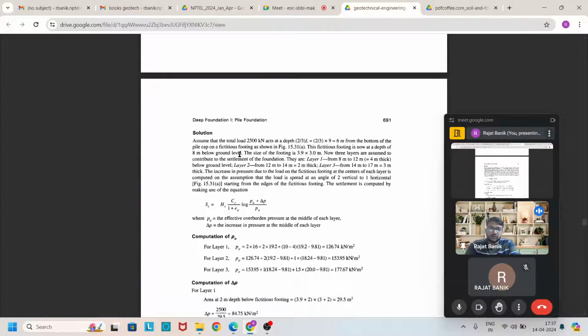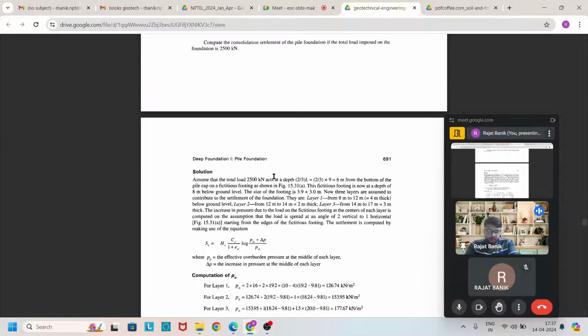You see that we assume the total load is 250 kilonewton and we know that it acts at a depth of two-thirds of the length of the pile from the base of the pile cap. From the bottom, the width of the pile cap is 2 meter. So at the surface it is at a distance of 6 plus 2, 8 meter below the ground level, and water is present at a 4 meter depth from the ground level.